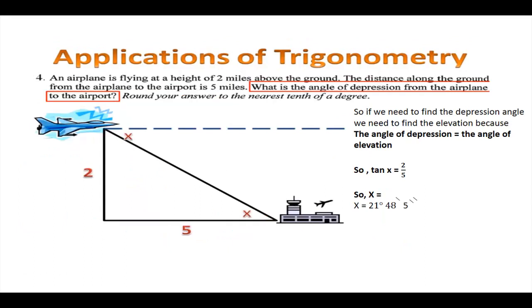To the next application. An airplane is flying at a height of 2 miles above the ground. The distance along the ground from the airplane to the airport is 5 miles. So the height of the plane above the ground is 2 miles, and the distance between the ground point and the airport is 5 miles.